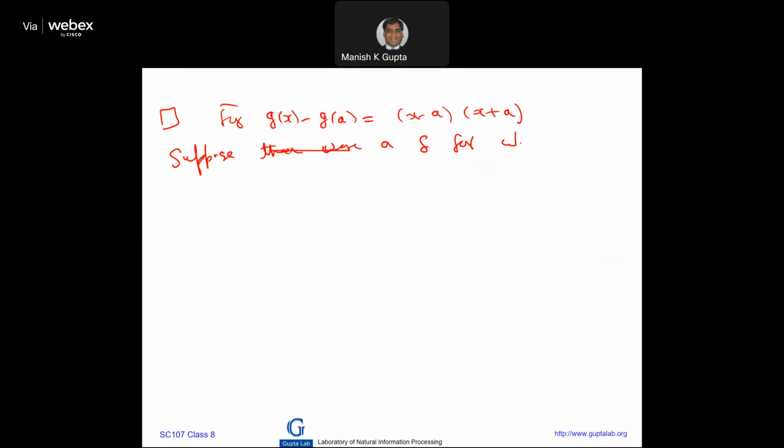Call it equation 2. Suppose equation 2 holds for every a on the real line.